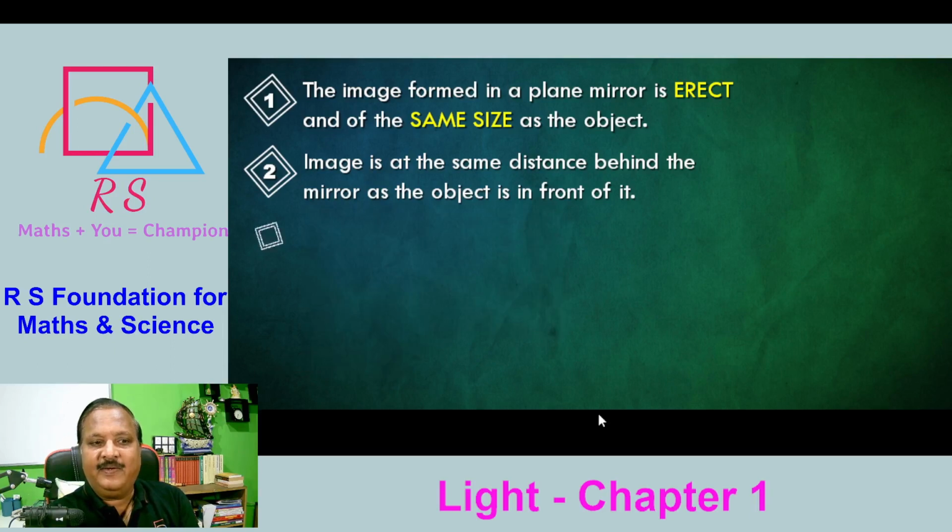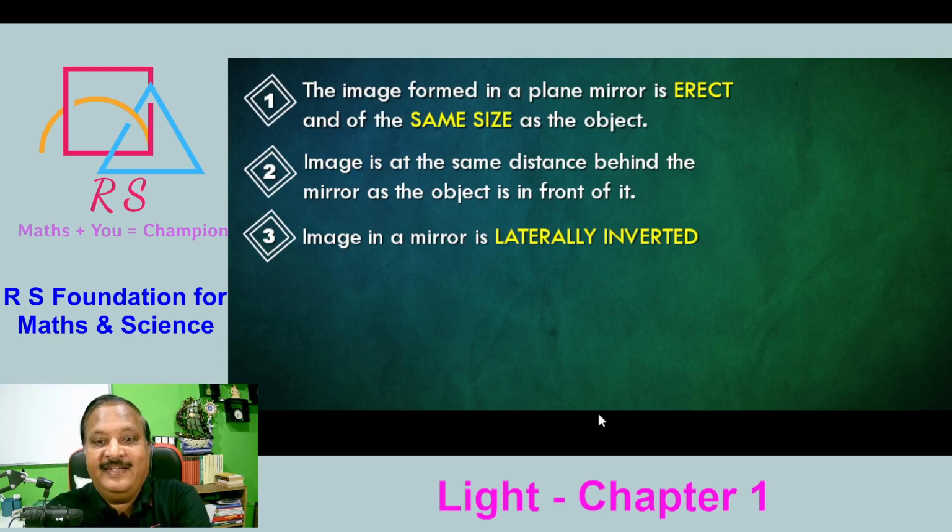Okay, now let us understand the third property. The image in the mirror is laterally inverted, right? Whoever is taking selfies will understand this very happily. आपका left right होता है, right left होता है. So this is called laterally inverted. Head नीचे and vertically inverted.